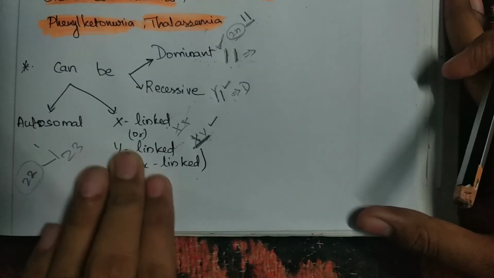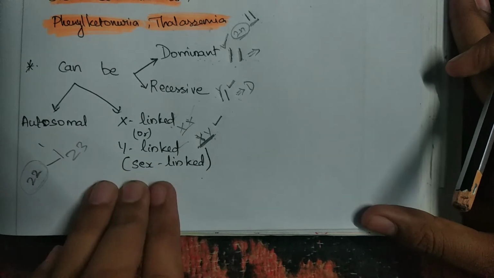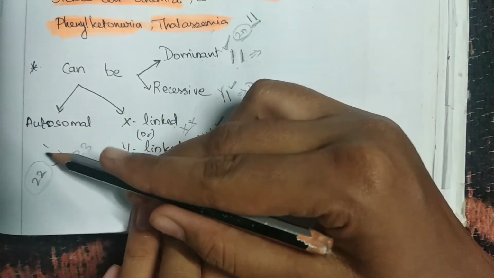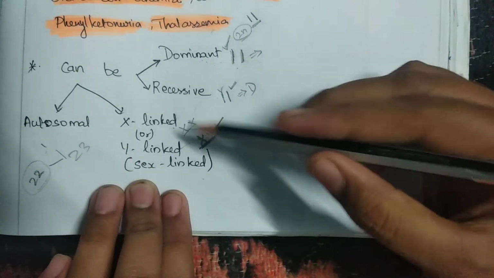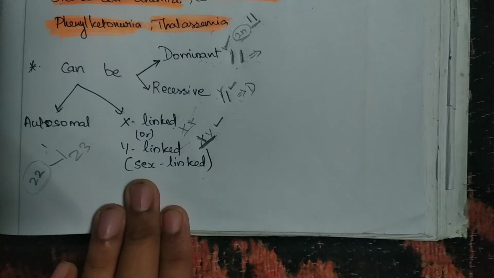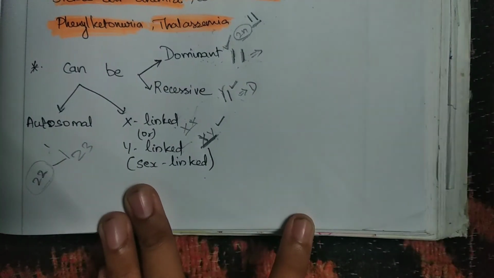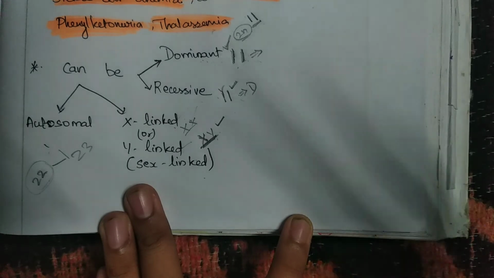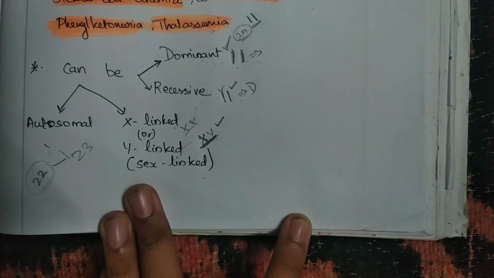And coming to the X-linked disease or sex-linked in general, it occurs in the 23rd pair of chromosomes. So it can be X-linked or Y-linked. If the affected allele is present in the X chromosome, then the disease is called X-linked disease. And if the affected allele is present in the Y chromosome, then it is called Y-linked disease. X-linked diseases are generally transmitted from mother to son, because the mother is giving the X chromosome to the son.